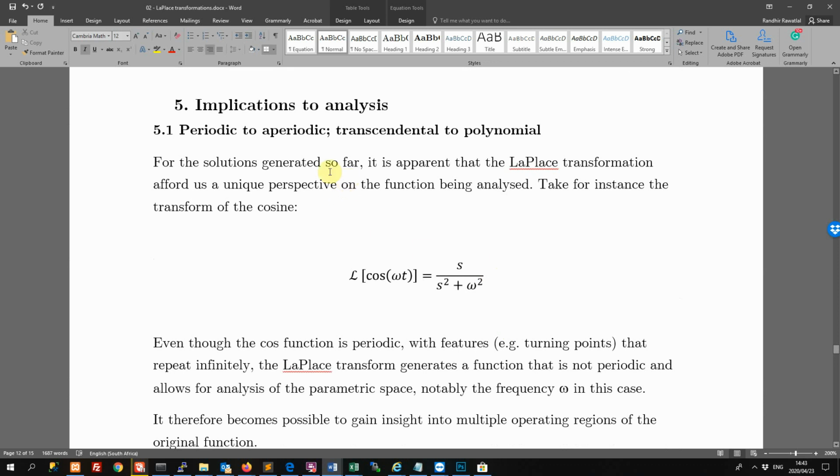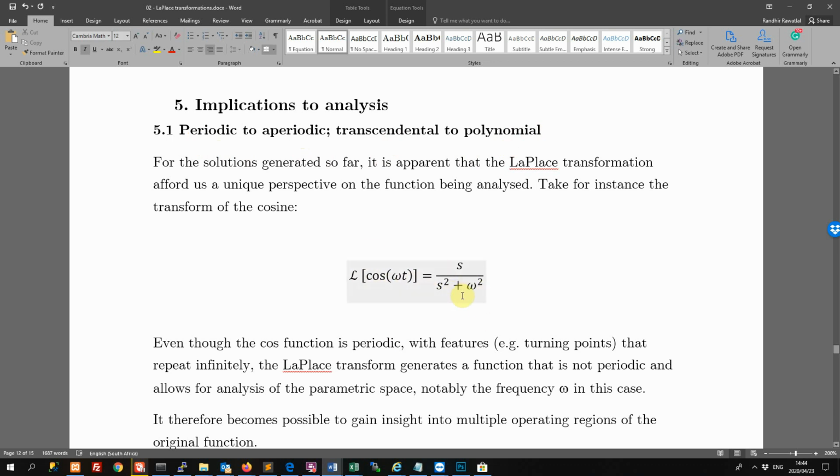Just a few notes first. These are things I've been saying: transcendental to polynomial, also periodic to aperiodic, right? This original time function is a periodic one, so no matter how far you go in time, this function will be jumping up and down.